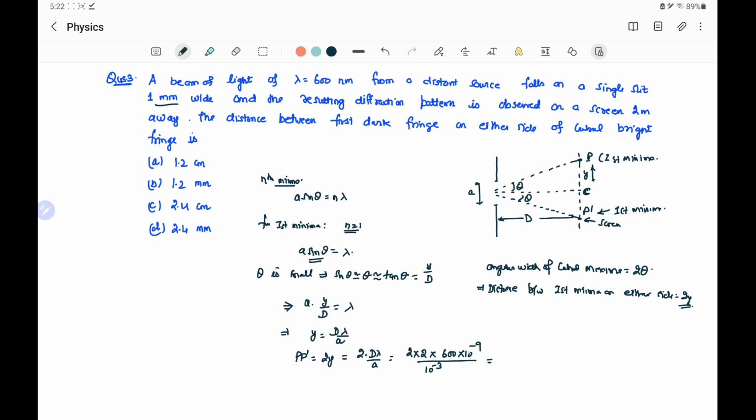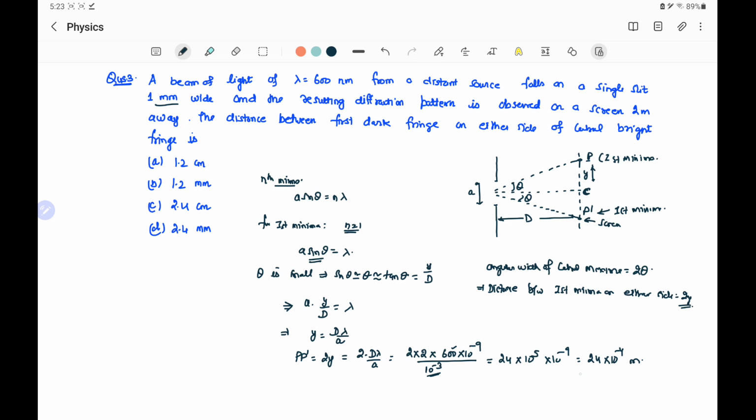So it will be 4 into 6, 24, into 10 raised to the power minus 4 meter.